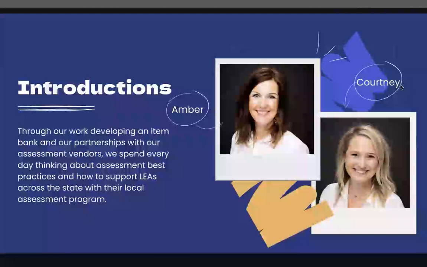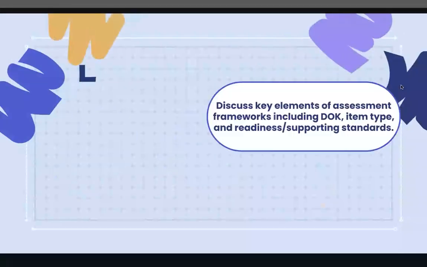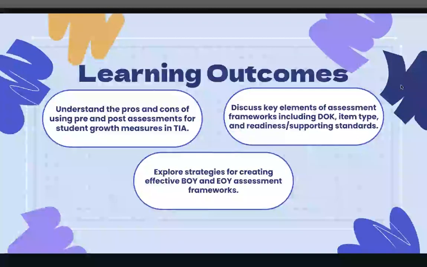system. So our objectives for today are to help think through, especially for those of you who are newer to TIA or who are working on your plans over the next year or so, what are some of the pros and cons of a pre and post assessment, so a BOI and EOI for student growth in TIA.